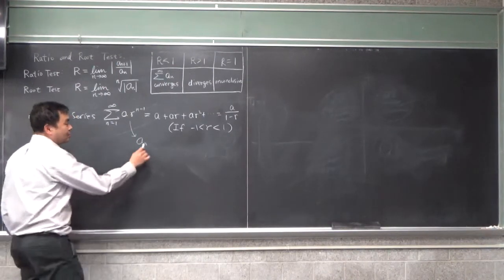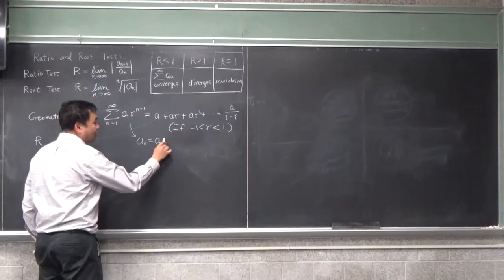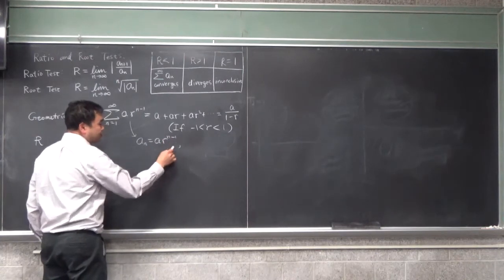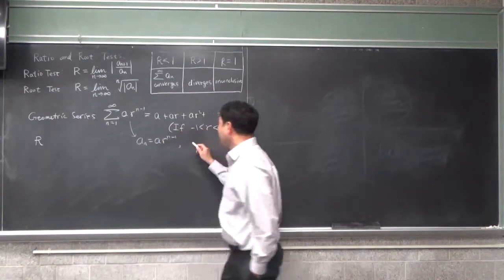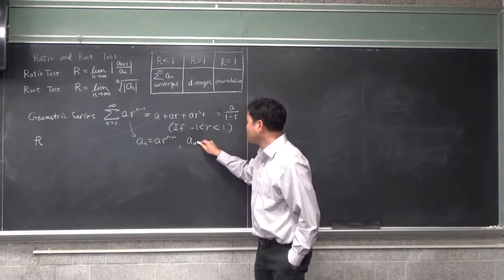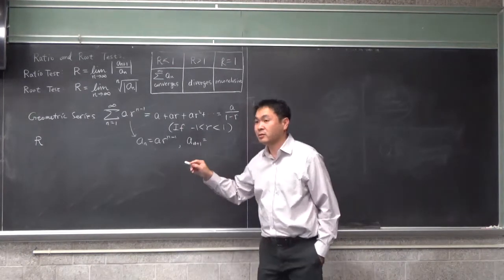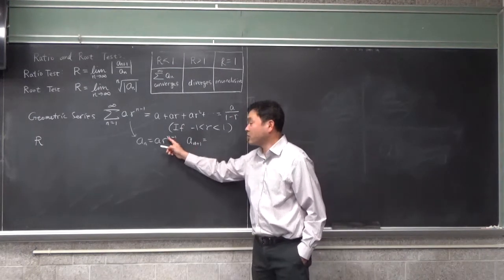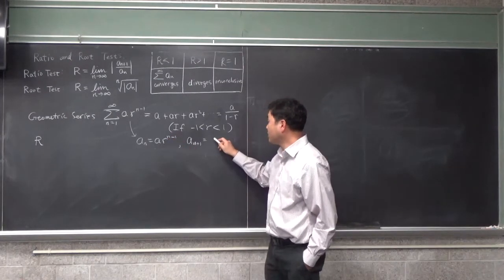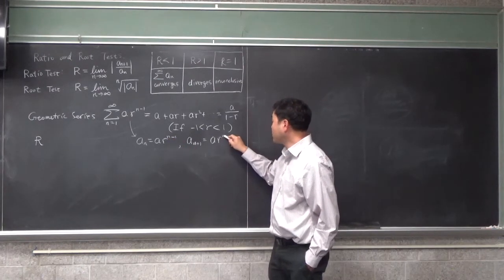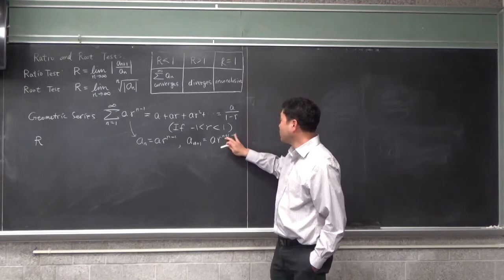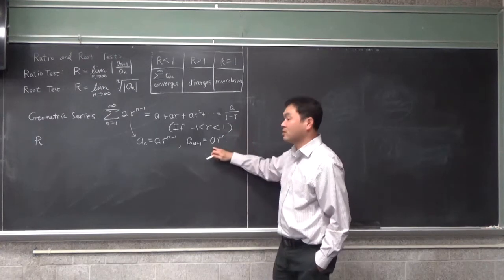An is a times r to the n minus 1. In that case, what is a of n plus 1? Well, you only have to replace n by n plus 1, so you get a r to the n plus 1 minus 1, which is just ar to the n.